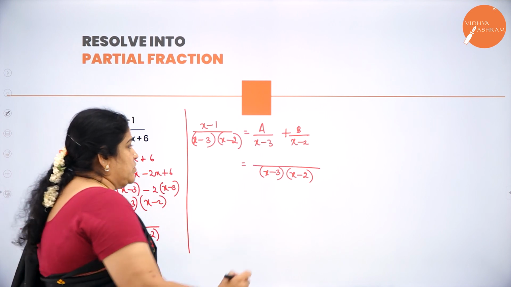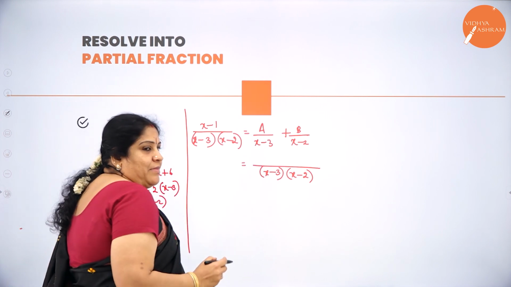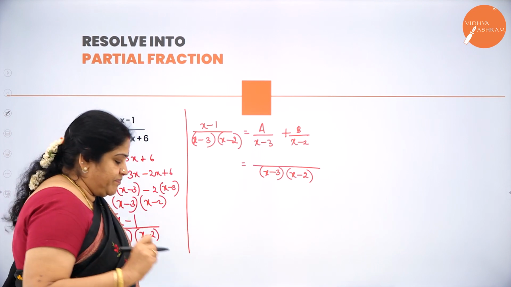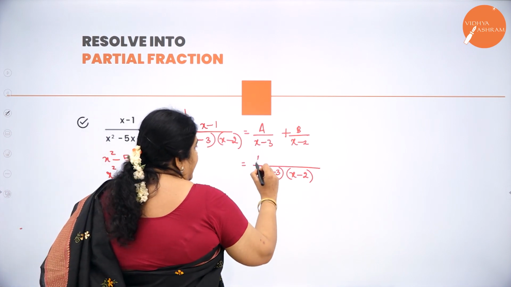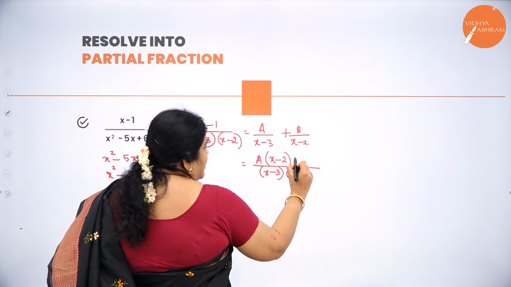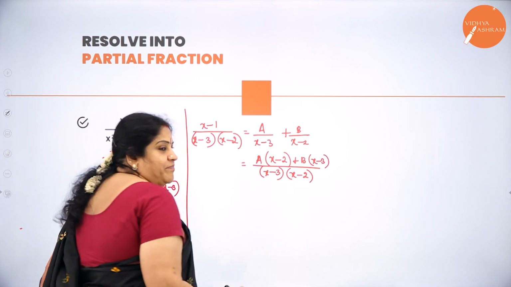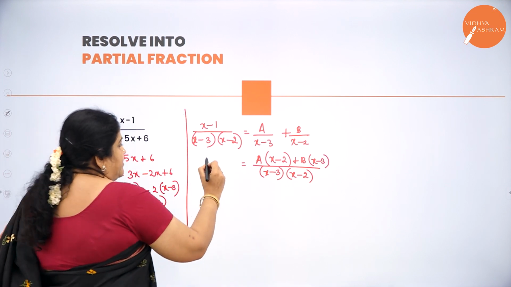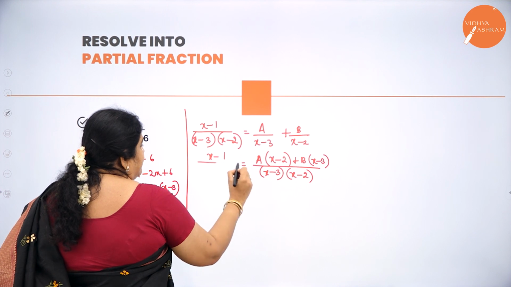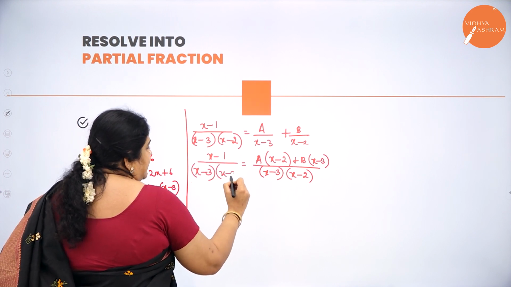Right? So compare each denominator with the LCM and find out the missing term. So the missing term is A into, here it is x minus 2, plus B into x minus 3. Now this side remains as x minus 1 by x minus 3 into x minus 2.